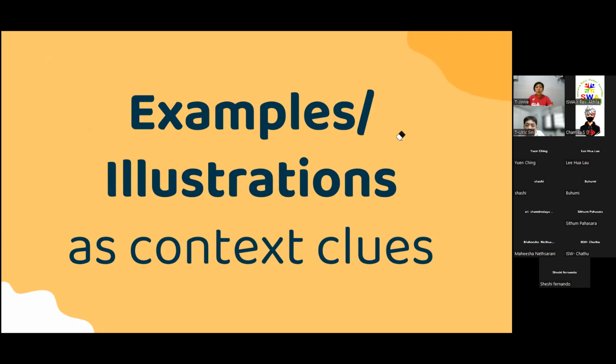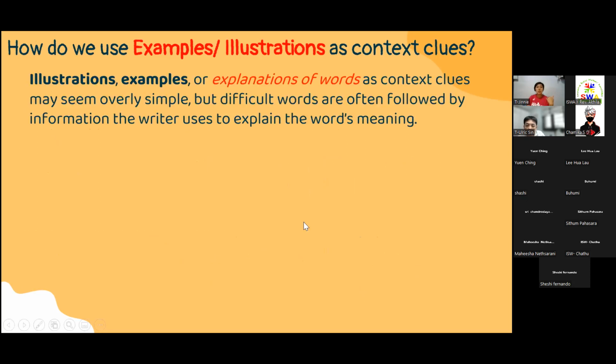Okay, so now we are going to look at some examples. This is new. What are examples and illustrations as context clues? First, I'm going to tell you what illustrations and examples are. They are explanations of words. They use descriptive words, more than one word, to explain the difficult word in the text.